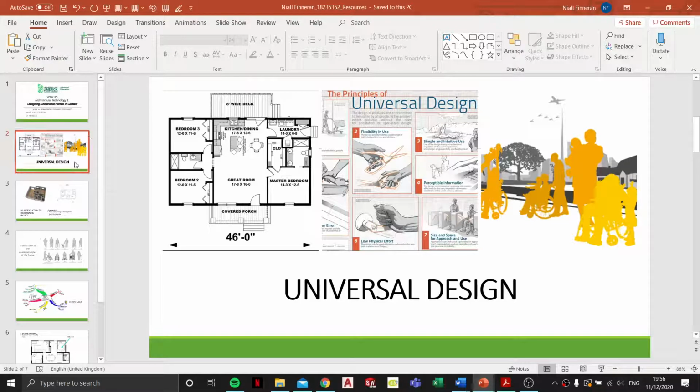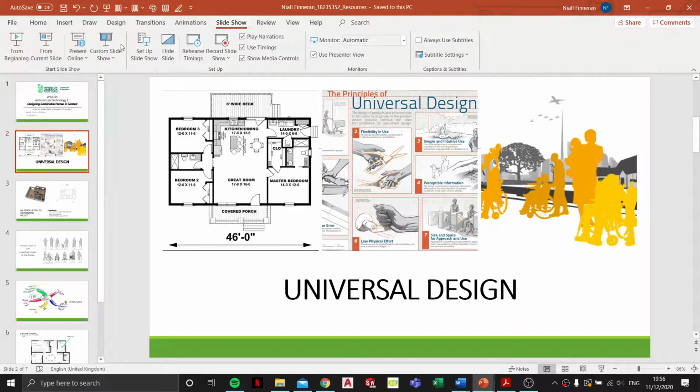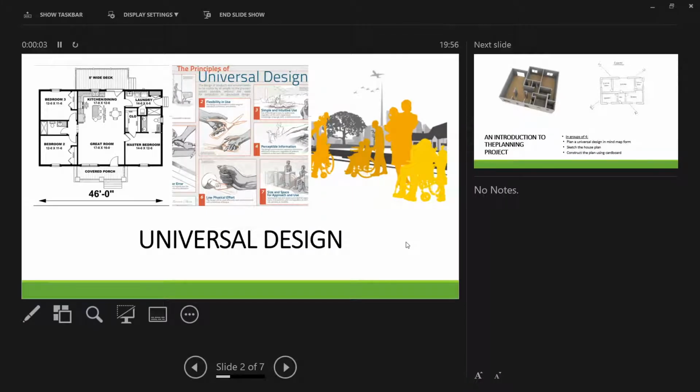So what we're doing here now is universal design, and we're just going to learn about how we're going to talk about this topic and how we're going to implement practicality into the theoretical side of the topic.